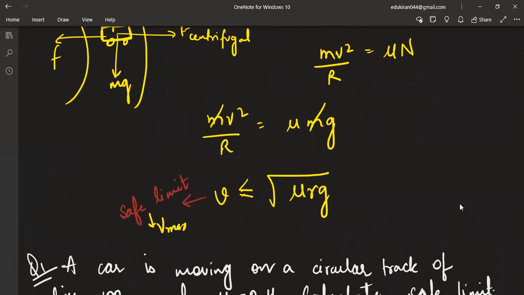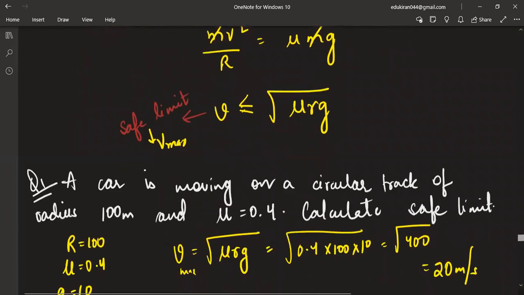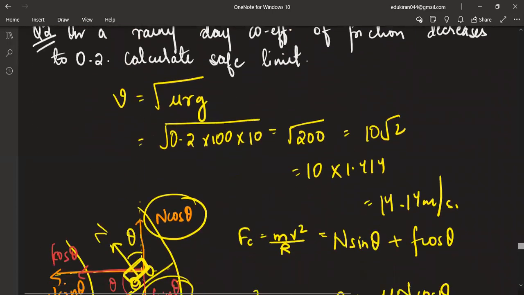So this is a maximum value because at a turn certain calculations are made for which if the velocity is crossed, centrifugal force will overcome centripetal force, and that can lead to skidding of the vehicles. So that's why mu rg, where mu is the coefficient of friction, r is the radius, and g is acceleration due to gravity. For bending of road, this much you should remember.